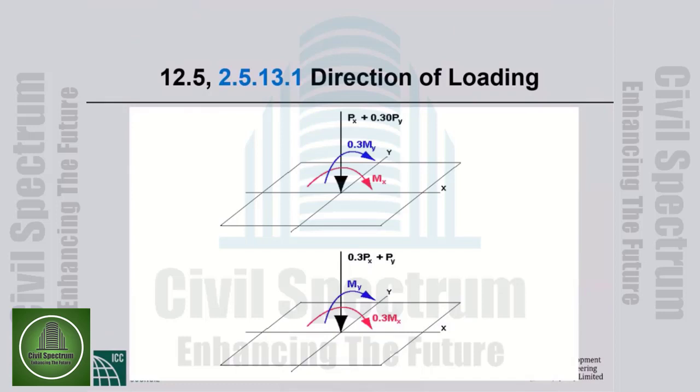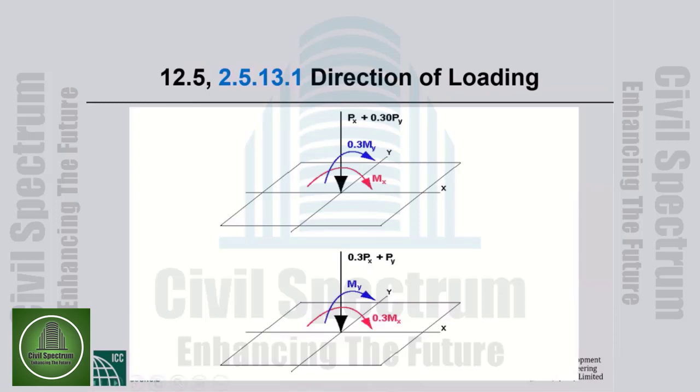Okay. When you have a column that is part of two orthogonal seismic force resisting systems, you have to design the column for 100% of the X earthquake plus 30% of the Y earthquake, or the other way around.